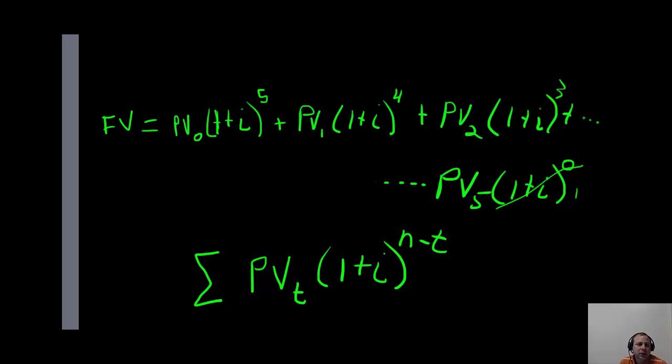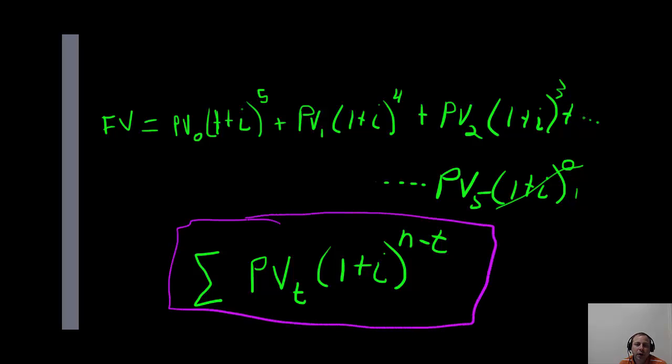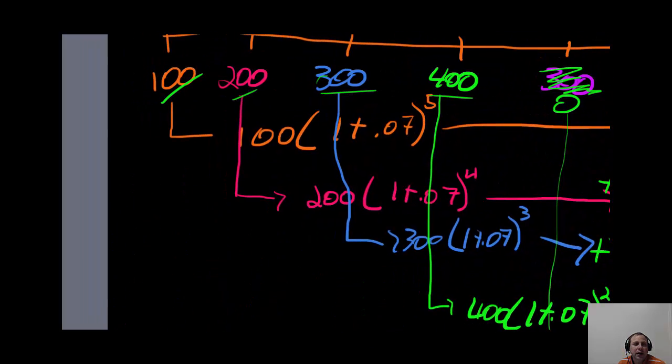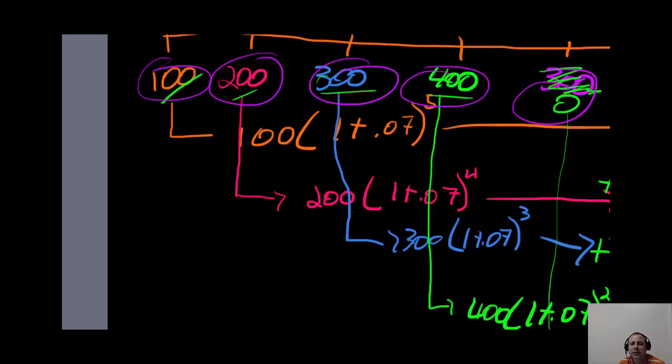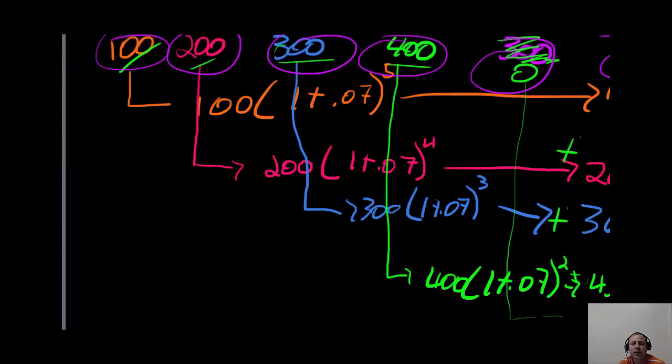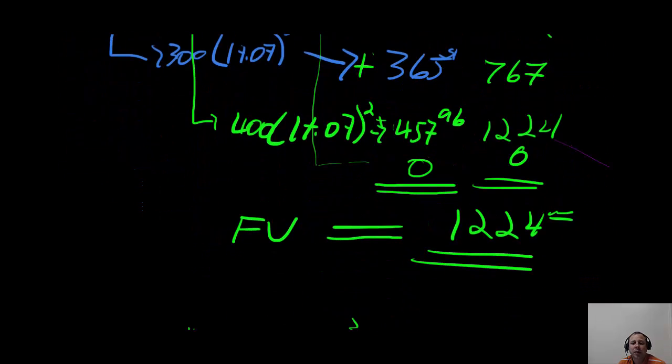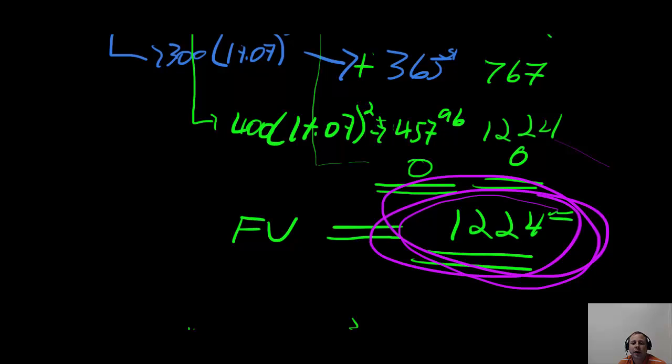And this whole equation is a very fancy, algebraic, formulaic way of saying calculate each one of these one at a time, and then add them up to get a final answer.